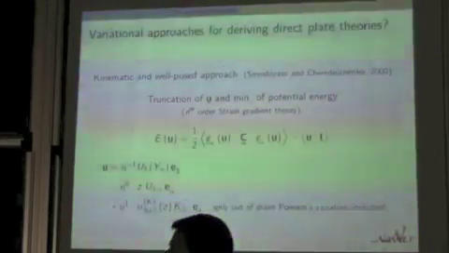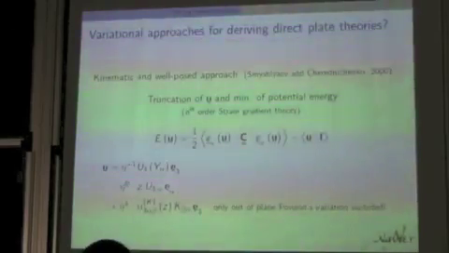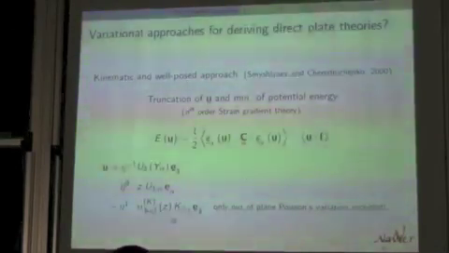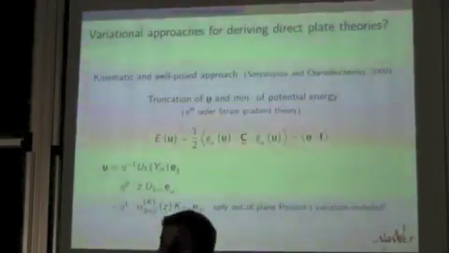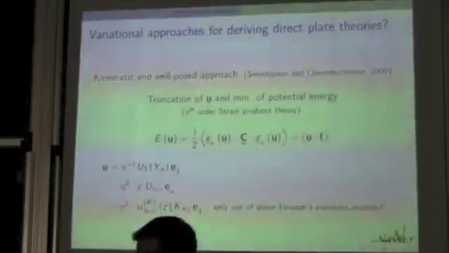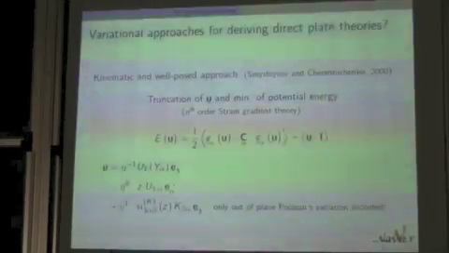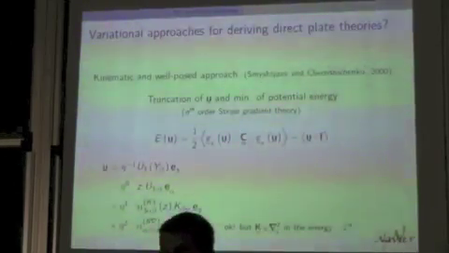So you can go one higher order. If you do that, you have this contribution, which is the out-of-plane Poisson's variation, which is included in the model, but not the transverse shear effects we are looking for. So if you want the transverse shear effect, you need to go, again, one order higher.